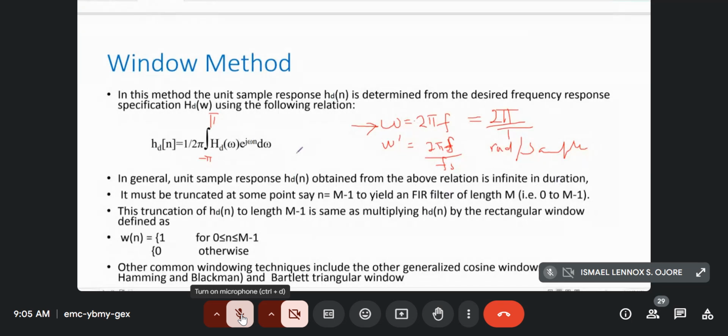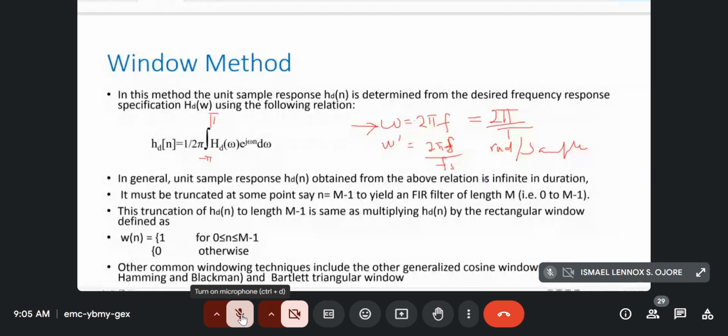So you may be given this omega, or you may be given the actual cutoff frequency. So in your calculation, you have to convert to this omega. Whenever you're given that, you will also be given the sampling frequency.